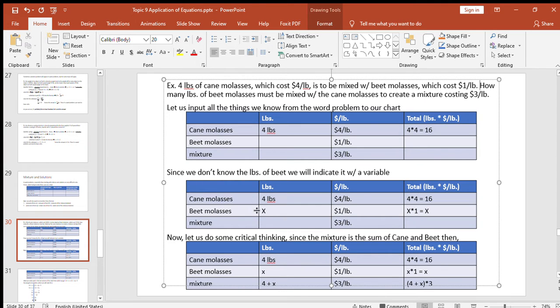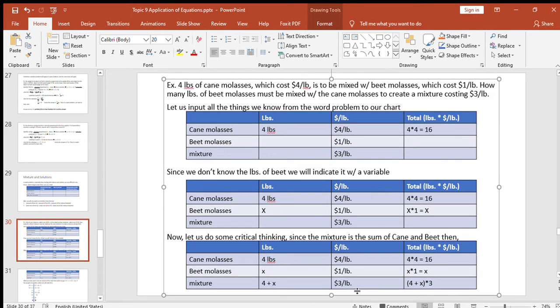Since we're combining cane and beet, our mixture should be what? 4 plus x. And then since we know the total is basically pounds times dollar per pound, it's going to be 4 plus x times 3.